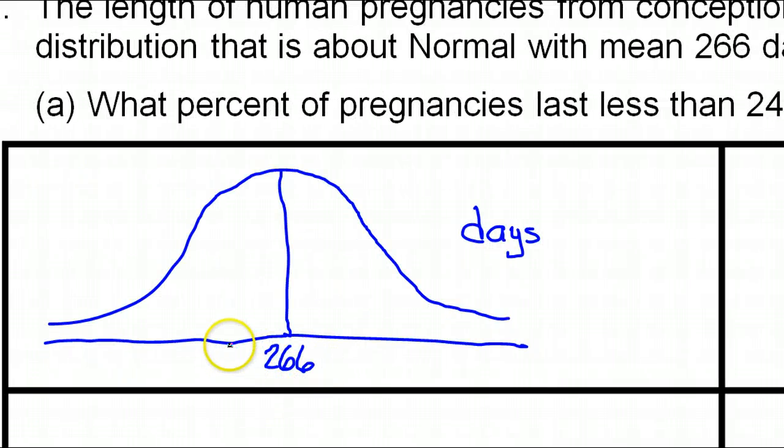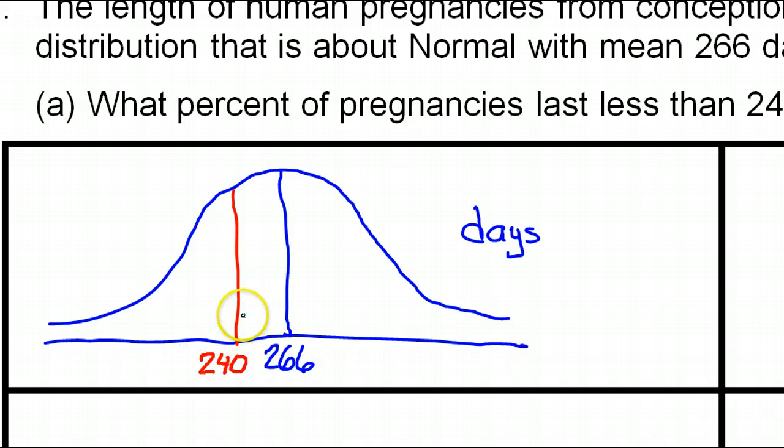So mark 240 days on your distribution. Obviously it will be to the left of the mean, so just put it over here somewhere. Doesn't have to be precise right now. So there's the 240 that we're worried about.